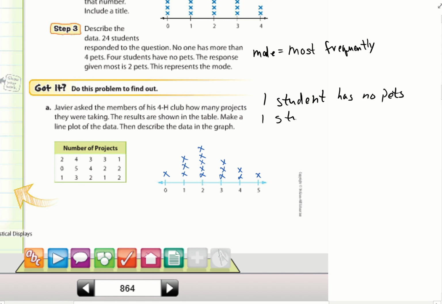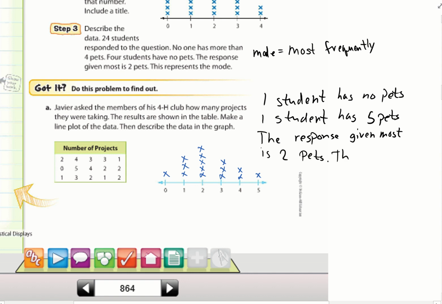One student has 5 pets, and I can say the response given most is 2 pets. This represents the mode.